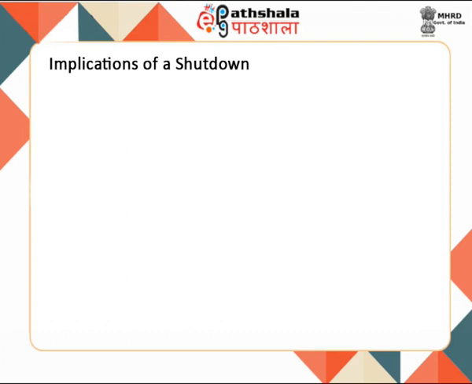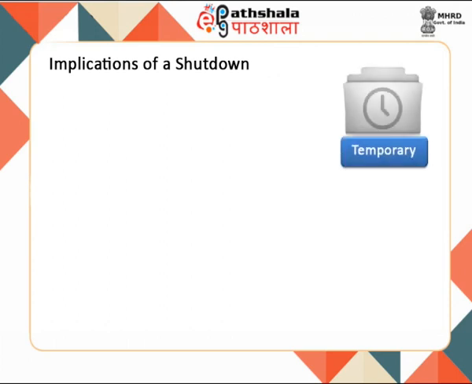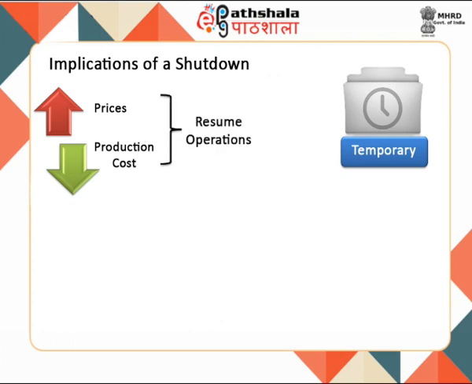Implications of a shutdown. The decision to shut down production is usually temporary. It does not automatically mean that a business is going out of business. If the market conditions improve due to price increasing or production costs falling, then the business can resume production.